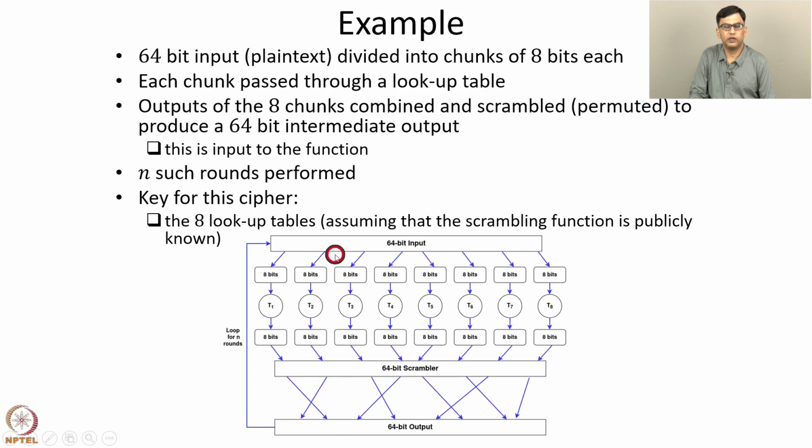If we were to pass the input only once through these functions, then a particular bit of the input would affect only a few bits of the output. But we want a bit of the output to be influenced by a large number of bits of the input. So for this reason, we pass the input n times through this process to get the ciphertext from the plaintext.